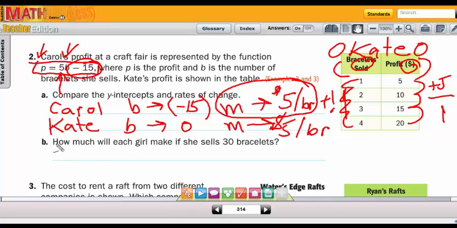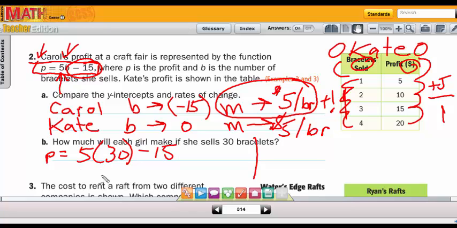Now the question is, how much will each girl make if she sells 30 bracelets? So the first thing that we can do is use our equation up here, and we'll calculate Carol on this side. So we have P equals 5 times our 30 bracelets minus 15.